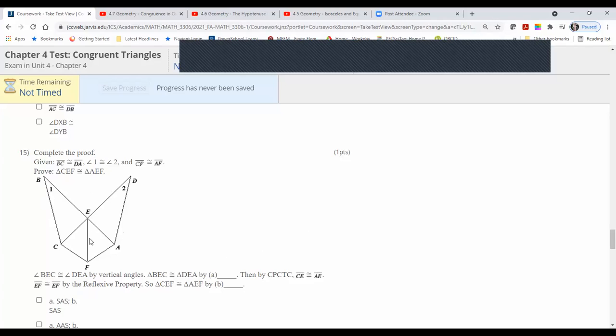So this one is clear because of the reflexive property. Okay. So this one equals this one, and this one equals this one. And what else?